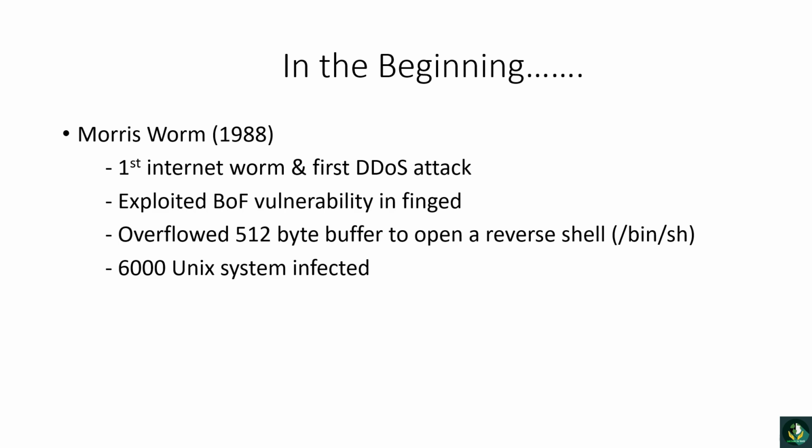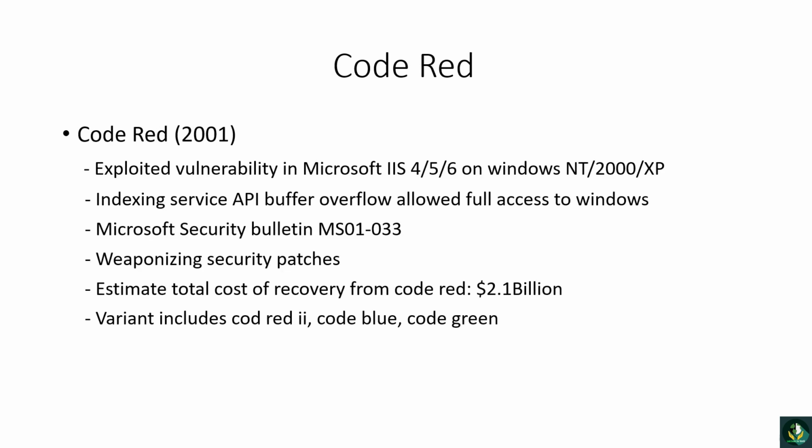Nothing much happened publicly in the way of buffer overflow vulnerabilities until the early 2000s, when the Code Red worm of 2001 suddenly appeared. Code Red was able to infect Microsoft Windows computers by exploiting a buffer overflow found in the Microsoft Internet Information Server web server versions 4, 5 and 6.